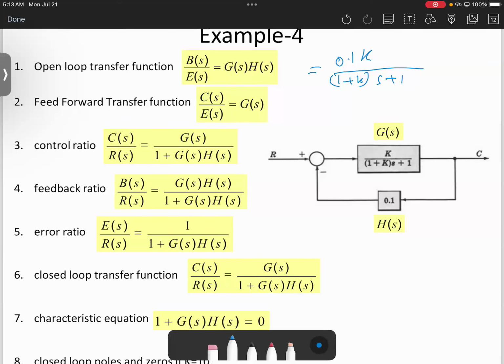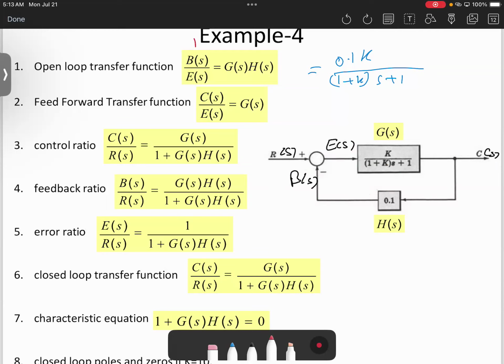Or in other words, some references say this is B of S, this is E of S, R of S, C of S. So we can say it as B of S over E of S, which yields these two.